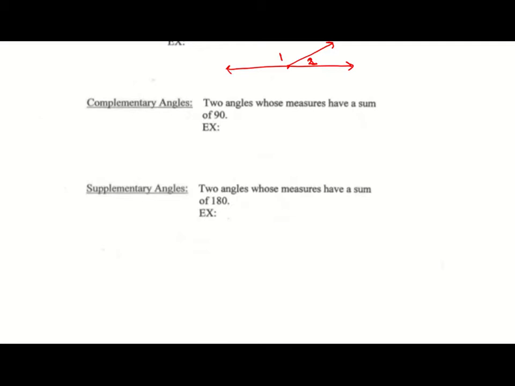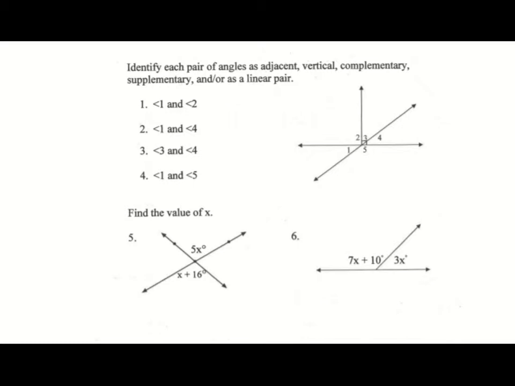Let's look at some examples. Our first example says identify each pair of angles as adjacent, vertical, complementary, supplementary, and/or as a linear pair. So let's start with angle 1 and angle 2. Angle 1 and 2 are right here.